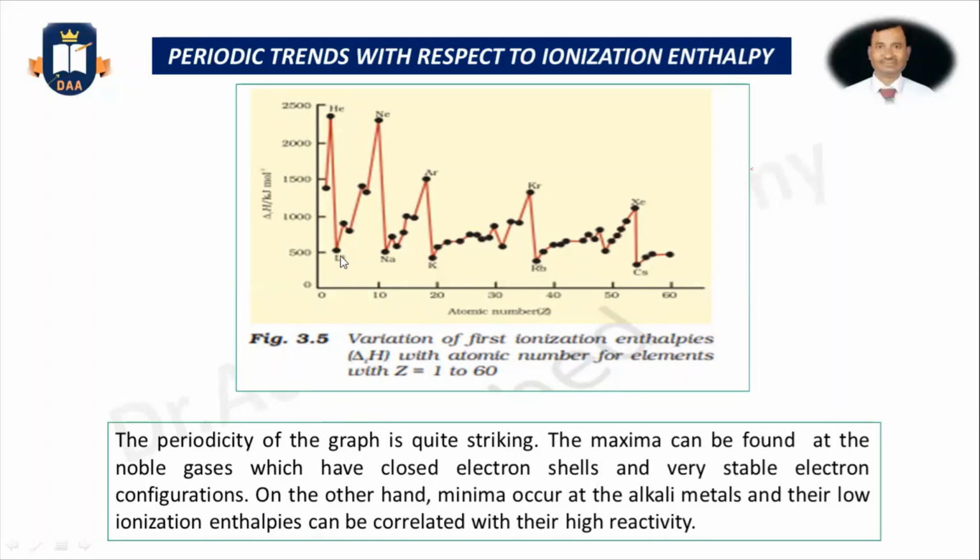And you can see the minima. In these minima, all group 1 elements are there: lithium, sodium, potassium, etc. These minima occur at the alkali metals, the group 1 elements, and their low ionization enthalpies can be correlated with their high reactivity.